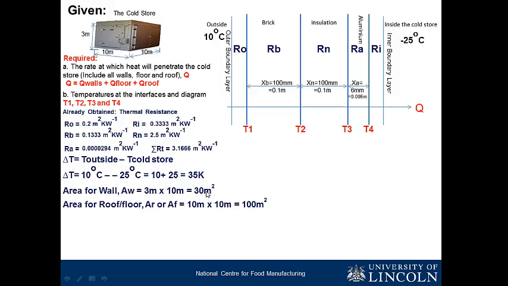Now remember the Fourier formula, Q equals A delta T divided by summation RT. We want to find the Q for the entire cold store.